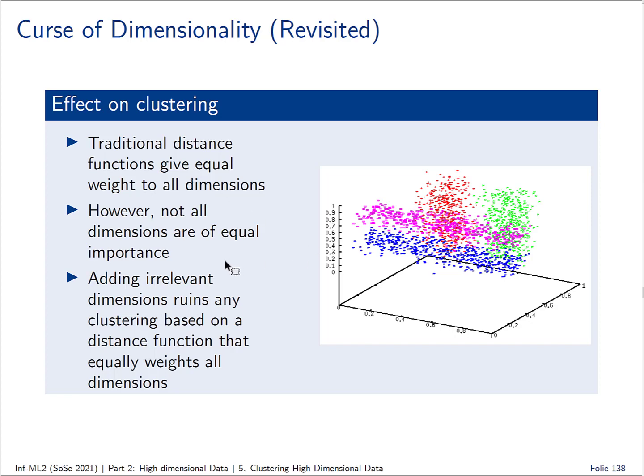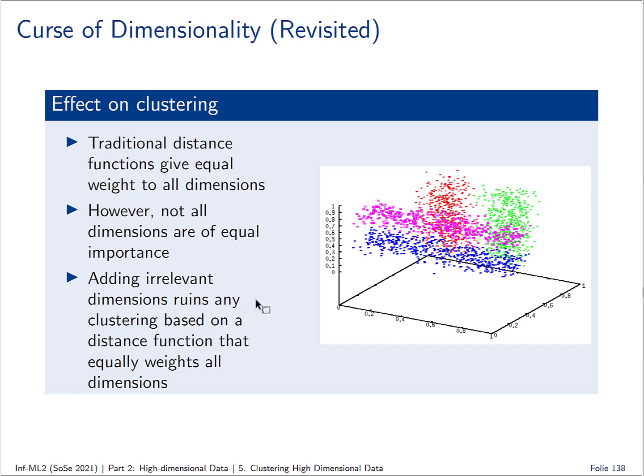However, of course, not all dimensions are of equal importance, depending on which kind of patterns we want to find, and depending on the relevancy of the corresponding features. So adding irrelevant features, dimensions, has to somehow ruin any kind of clustering based on distance functions, because if all dimensions are equally weighted and we have a lot of irrelevant attributes, then we have all the nice stuff of the curse of dimensionality we talked about a couple of weeks before.